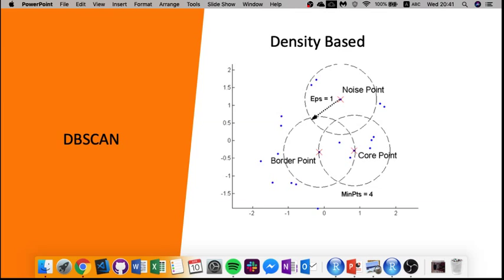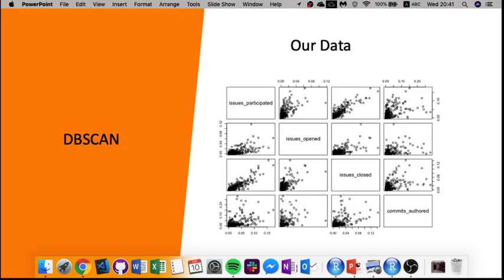As you can see, our data set is gathered just in one area around the zero point. So dbScan can't actually cluster our data set, but it can be used to manipulate our data set and exclude all the noisy points. And that's what we are going to do now with R.